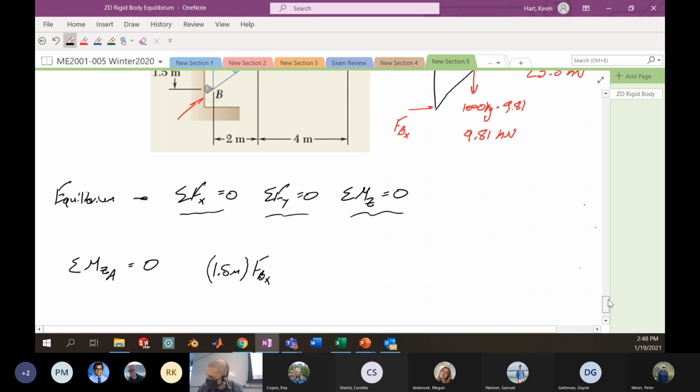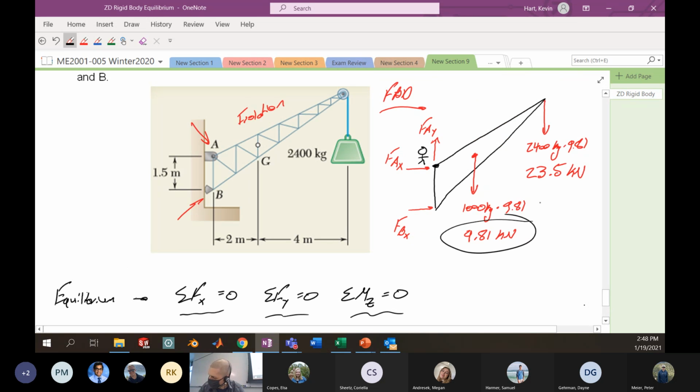I have to contrast that with what's happening with these weights. Now if I'm standing at A, and I stick my arm in the direction of that force, and I curl my fingers downwards, my thumb is going to be into the page. So this 9.81 kilonewtons is going to contribute a negative moment through this moment arm of 2 meters here.